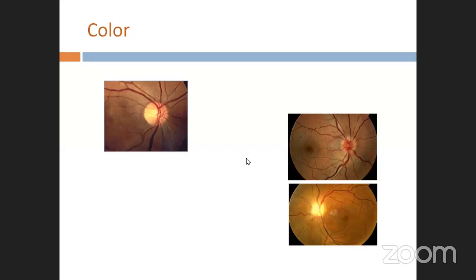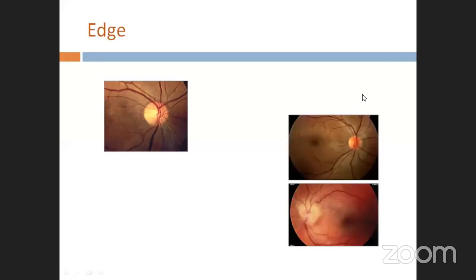We can tell about the color by fundus examination, not from pictures, because a picture may be overexposed and the disc may appear pale while it is normal. So examine the fundus and see if the disc is hyperemic or pale, and compare both eyes. This is very important.